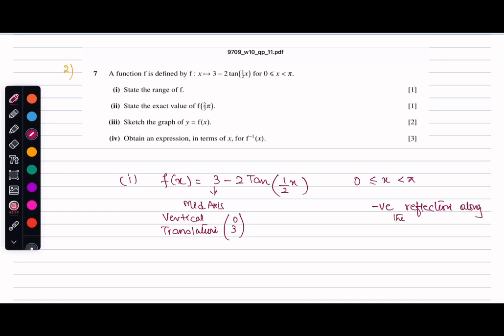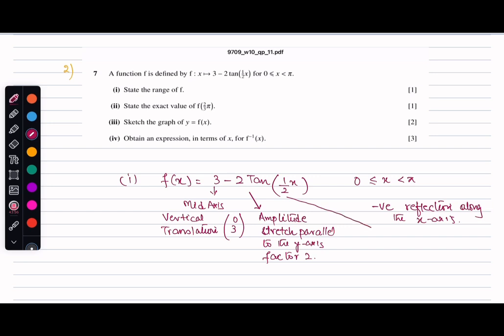And we have this 2. This 2 is actually the amplitude. We know it's the amplitude, and also it's the stretch parallel to the y-axis by factor 2. And then we have this 1 by 2 here.